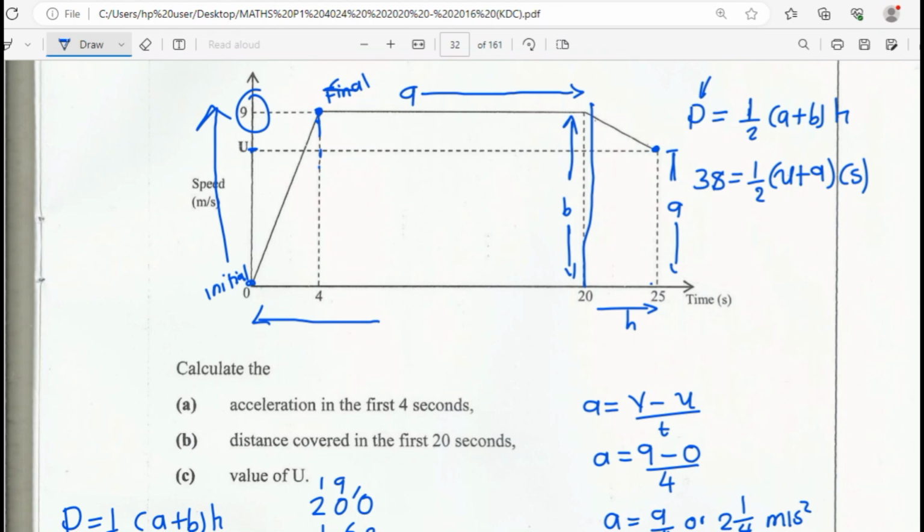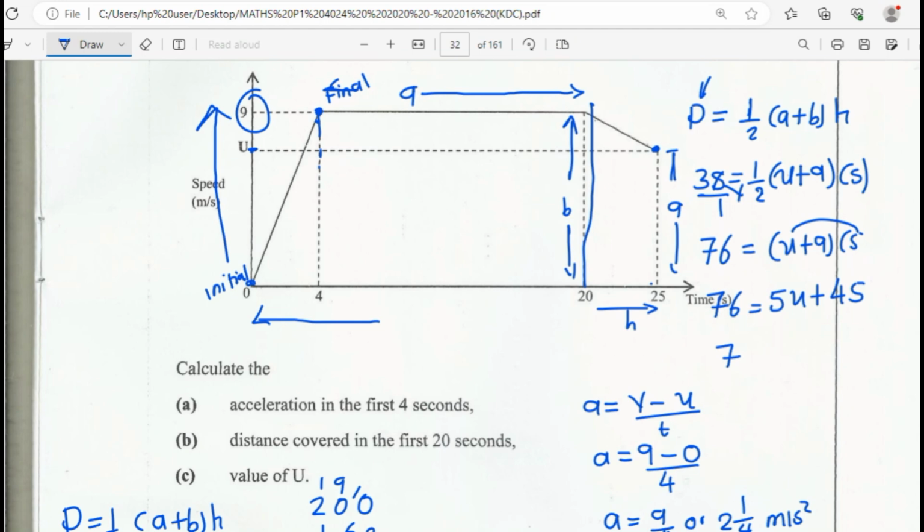Then what can we do? Since there is no number on the right side in which 2 can go, let's just cross multiply. So 2 times 38 will give us 76. Then here we have U plus 9 times 5. So 5 times U is 5U. Here we have 45.